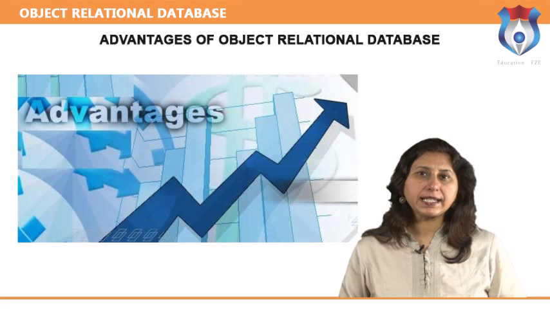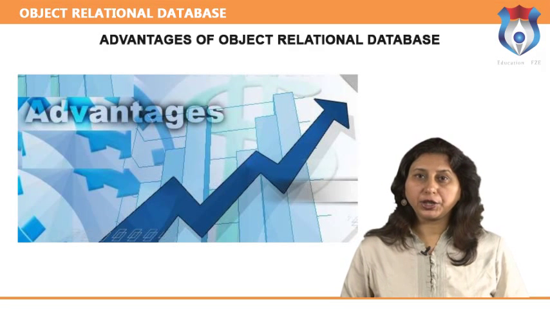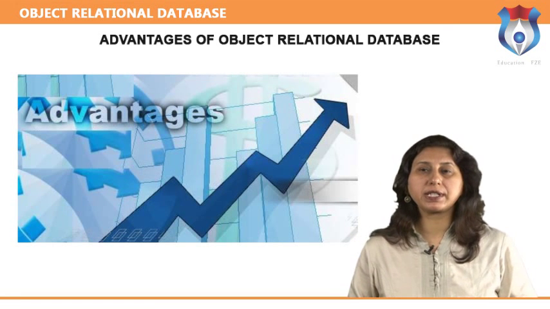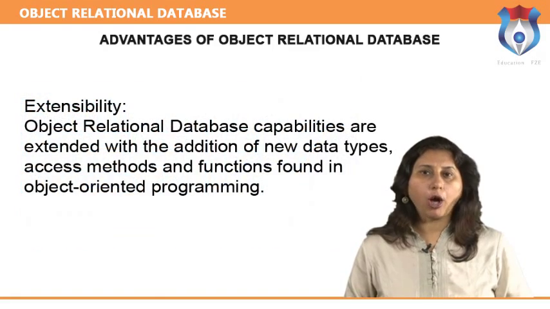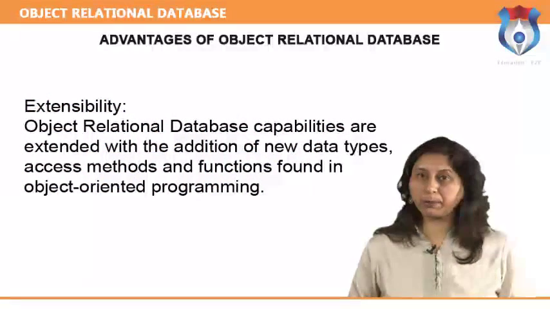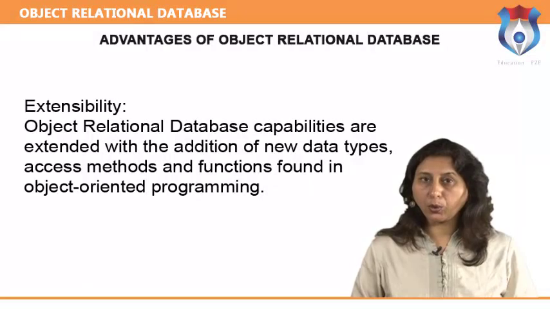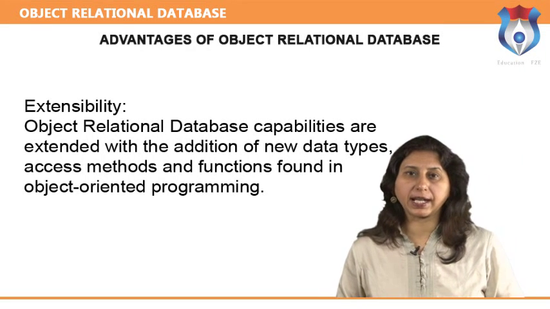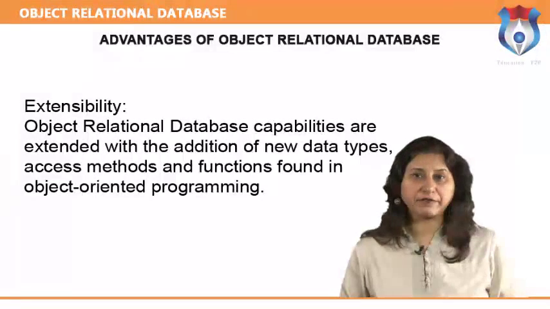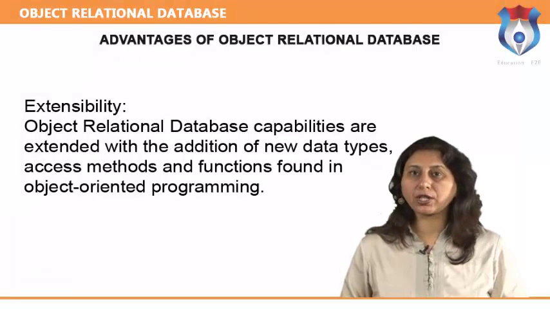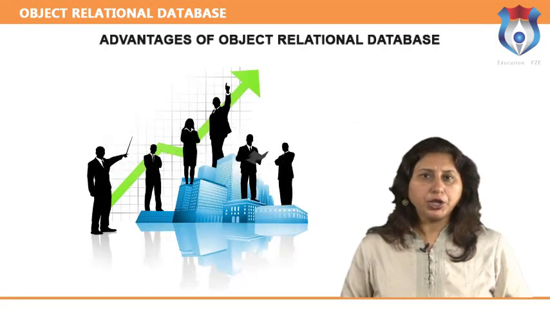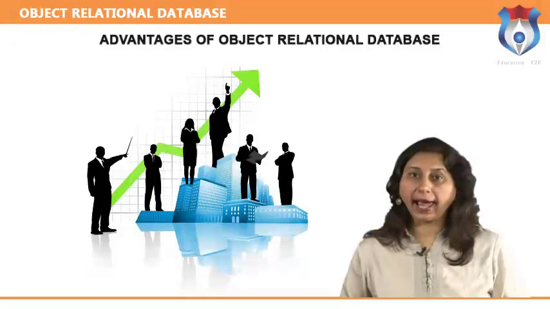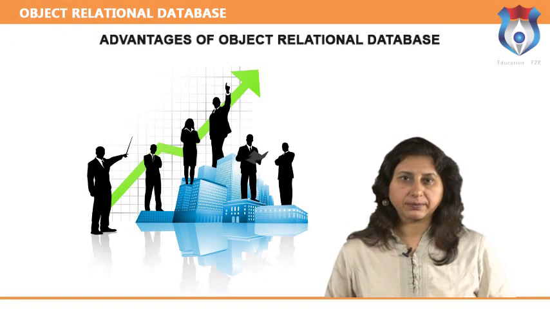By assigning these data types to your files, you can better filter them through the database. Object relational database capabilities are extended with the addition of new data types, access methods and functions found in object-oriented programming. You can add string characters with alphanumeric data types.